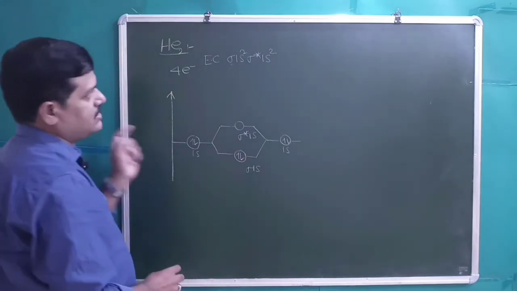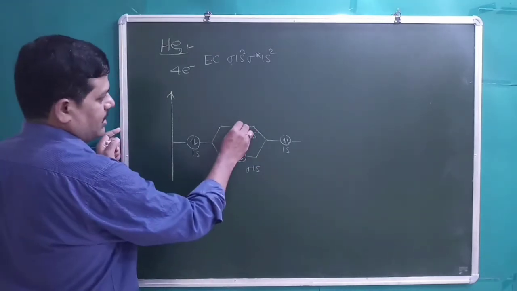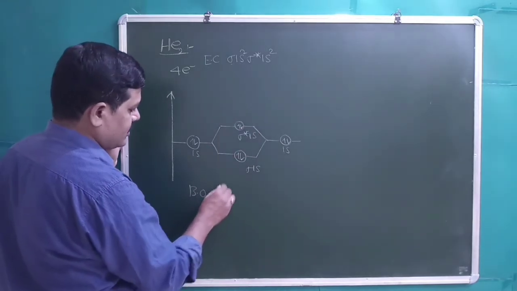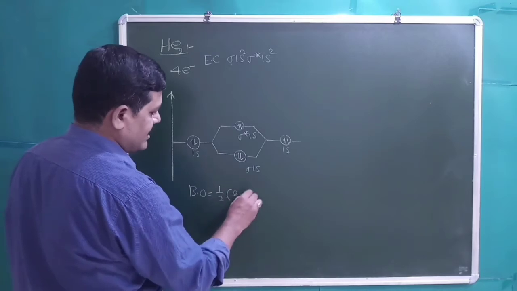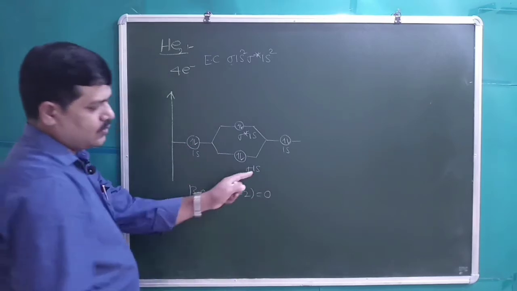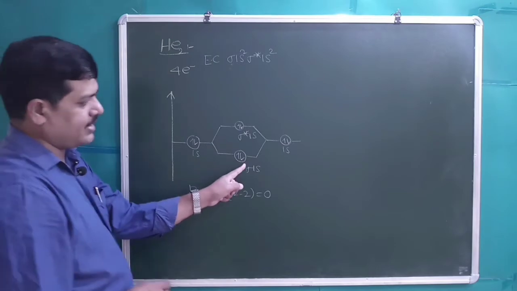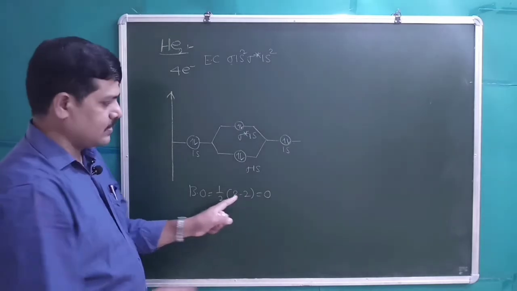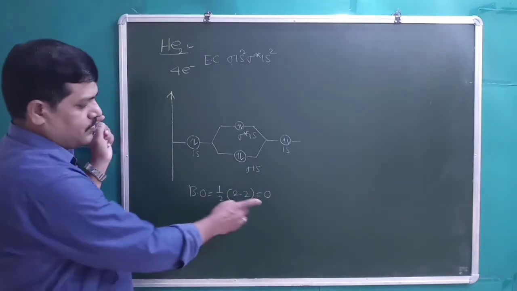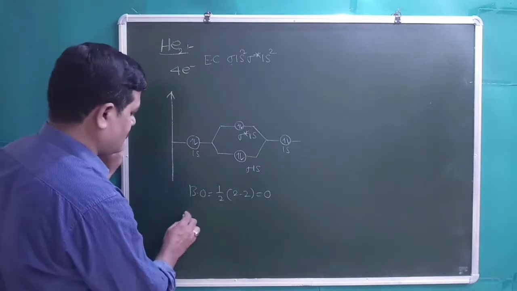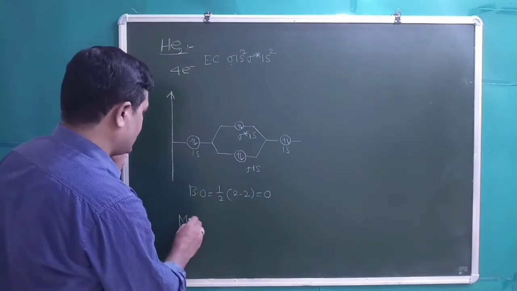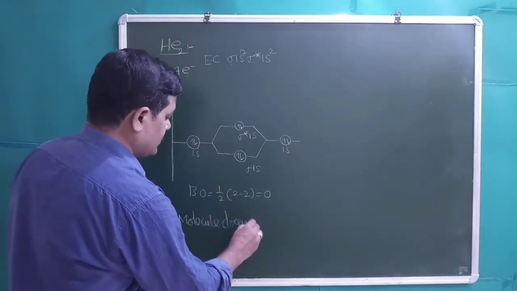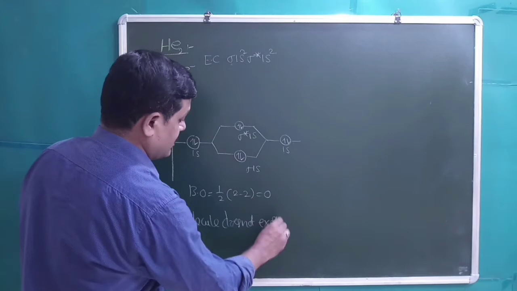Bonding molecular orbital is having 2 electrons, anti-bonding molecular orbital also having 2 electrons. Bond order is equal to 1 by 2 into 2 minus 2, which is 0. So for any molecule, if bond order is 0 or if it is a negative value, that molecule does not exist.